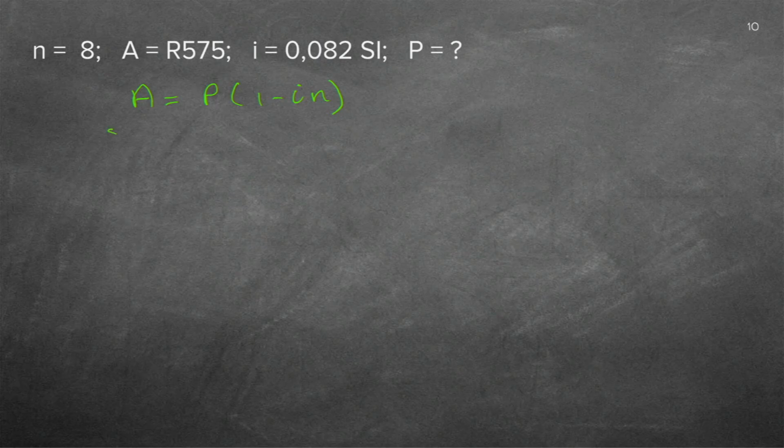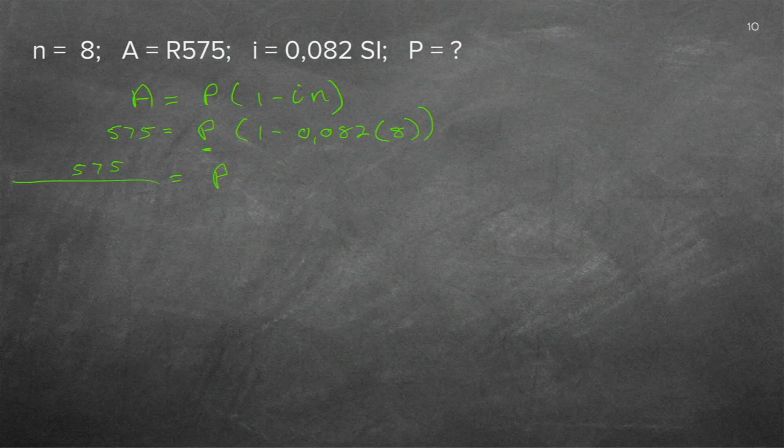So I've got the A, 575. I haven't got the P. I've got the I, 0.082. I've got the N, 8. Because I want the P all alone, I divide all of that stuff by the bracket. I do it both sides.